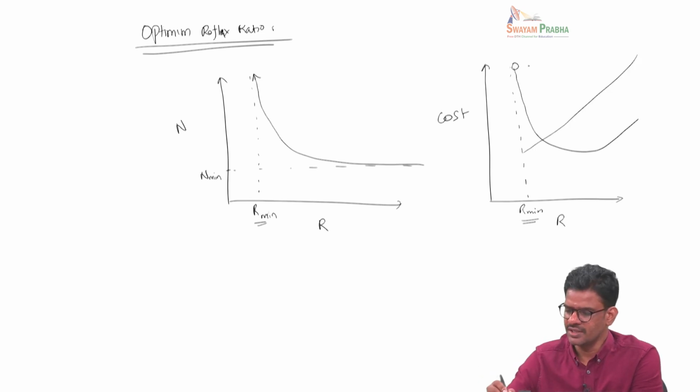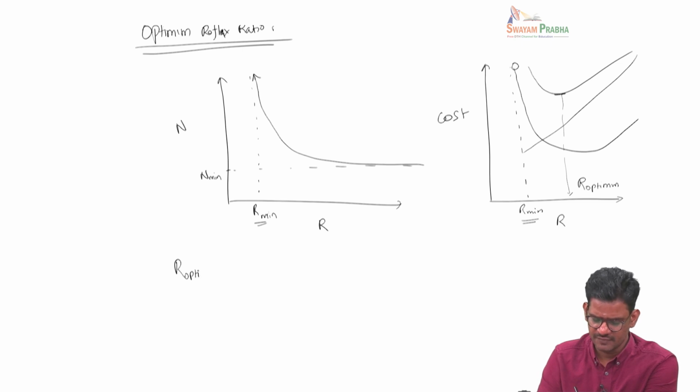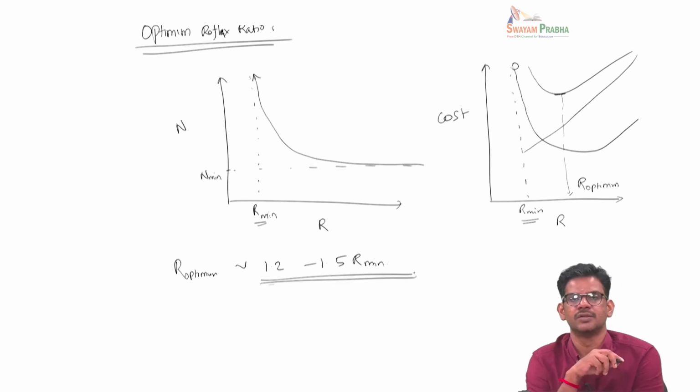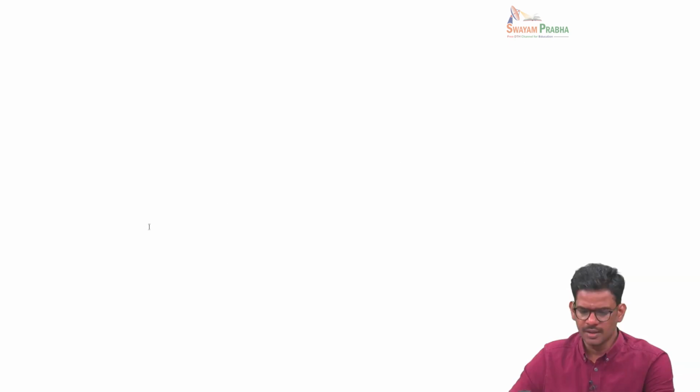If we draw the total cost, it will go something like this with a minimum, and this is what we call R optimum. Generally R optimum will be about 1.2 to 1.5 times R minimum. So the value of R minimum gives an indication of what the optimal reflux ratio to use should be.